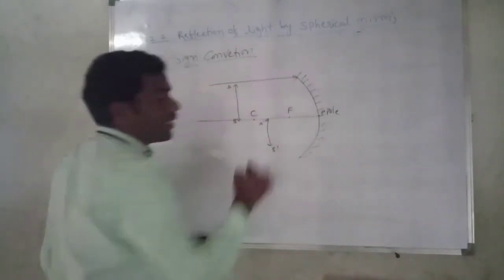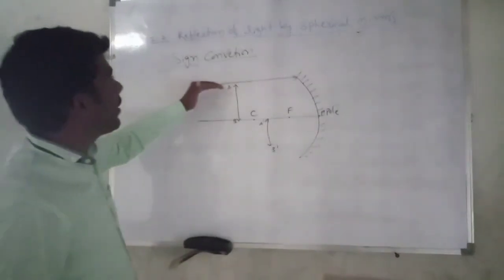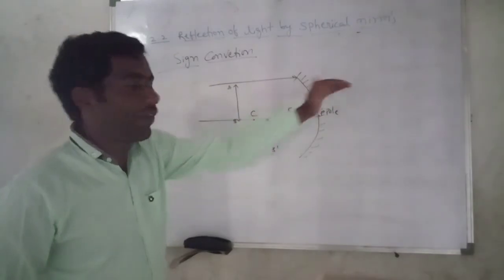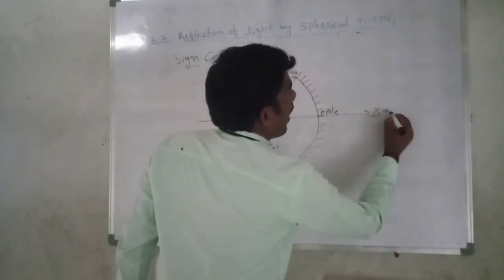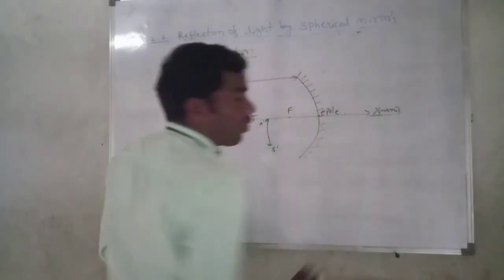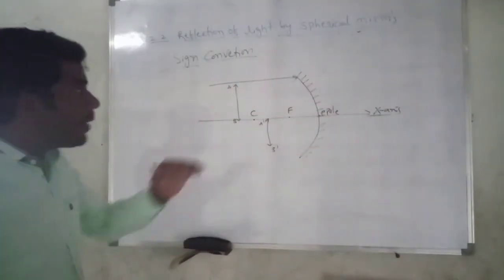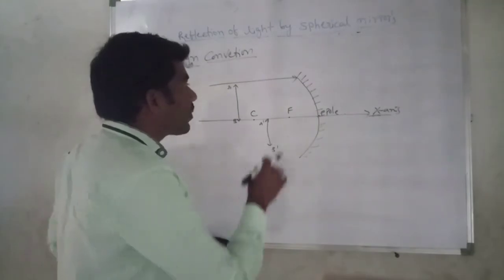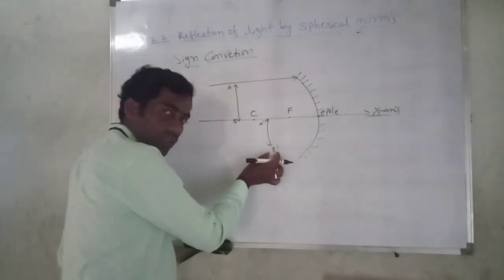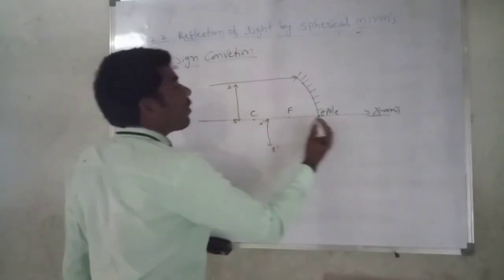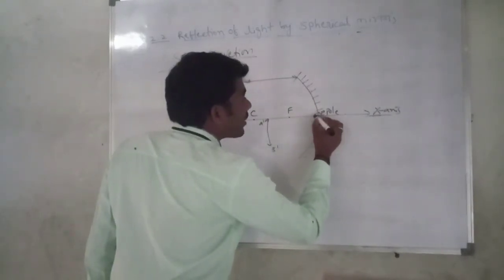The light ray direction is in this way, along the x axis. For solving problems, distances of the image or object are taken from the pole point.